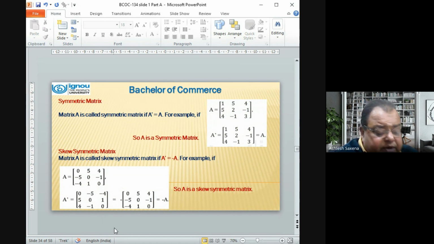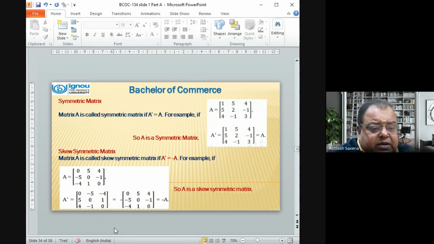You take minus common from it. As soon as the minus is taken common from all three rows, your answer will be again the matrix. So what will you do? Its transpose will be obtained by converting this row into column.